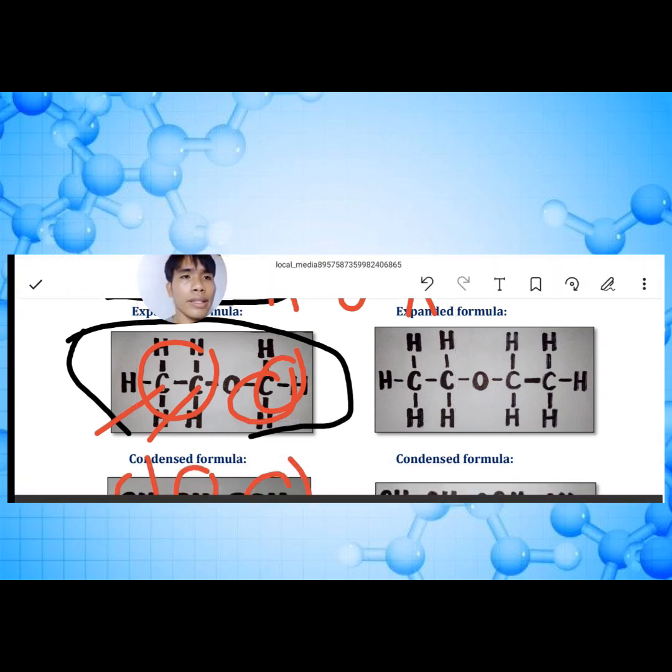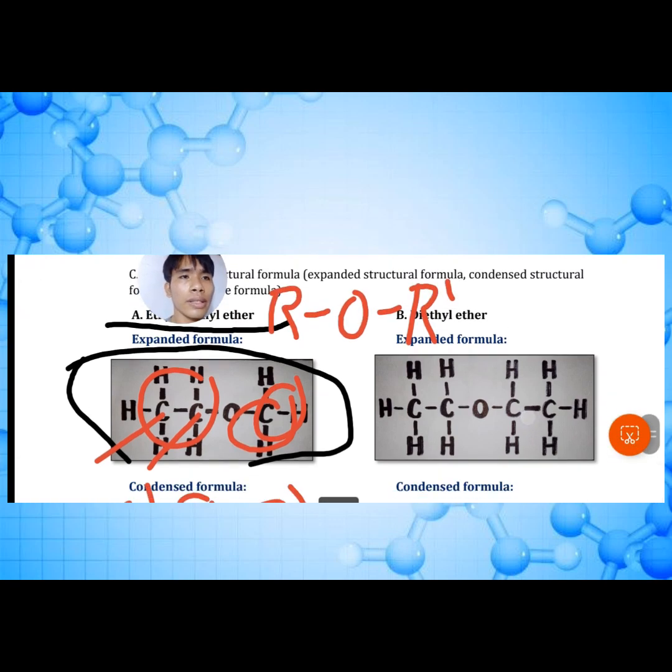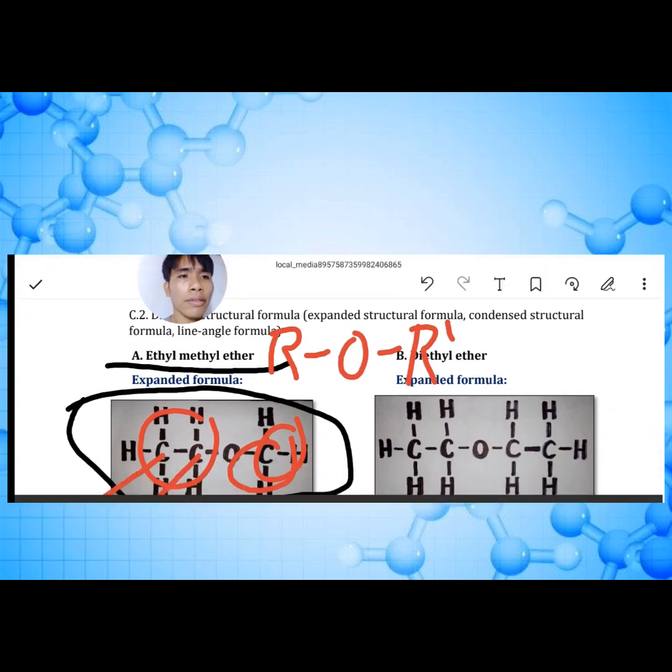So this is the example of diethyl ether. So when we say di, it is composed of 2, meaning they are symmetric.